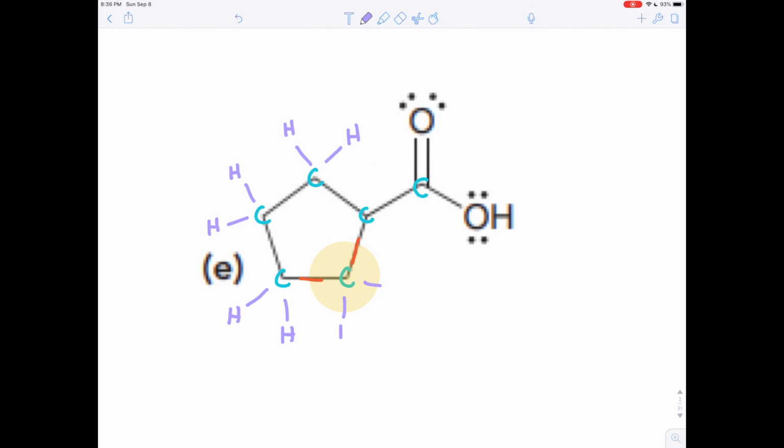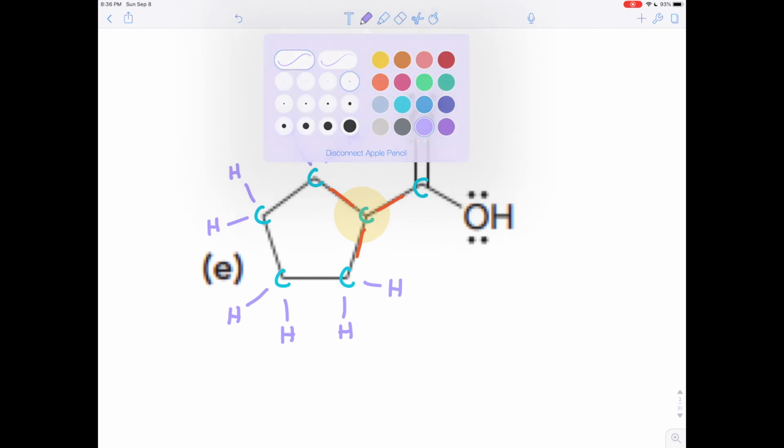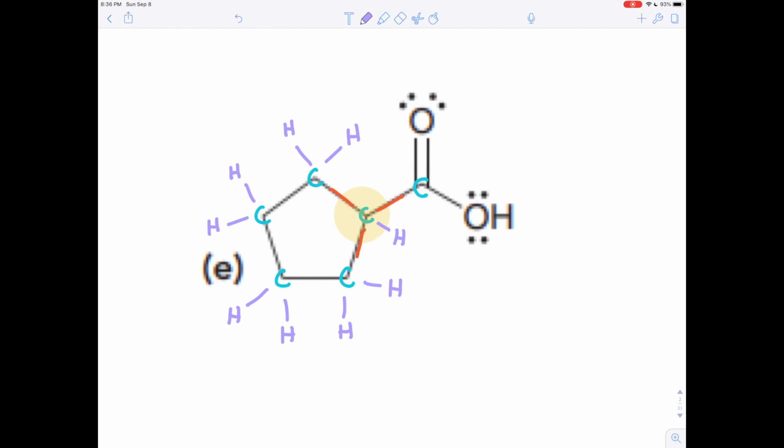It needs a total of 4, so you add 2 implied bonds to hydrogens to get a total of 4 bonds around it. This carbon has 3 bonds explicitly drawn around it. To get a total of 4, it just needs 1 more implied one. The implied bonds are always to hydrogen, so that carbon is bonded to 1 hydrogen. This next and last carbon has 1, 2, 3, and 4 bonds drawn around it, and so it does not need any hydrogens around it.